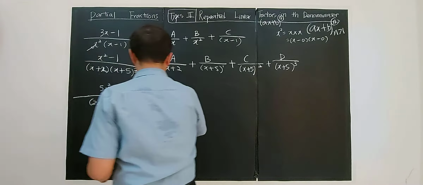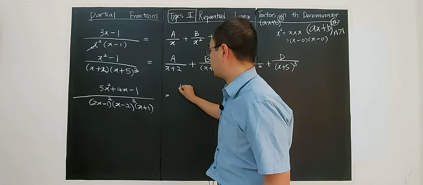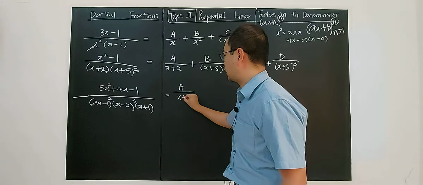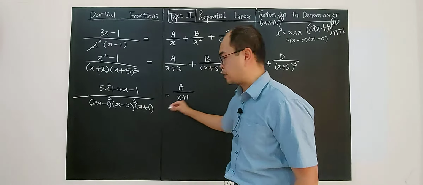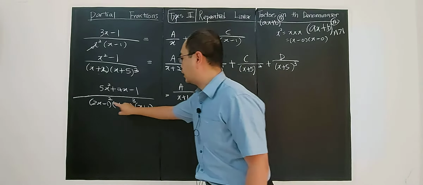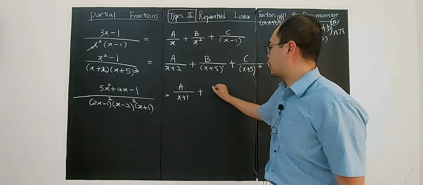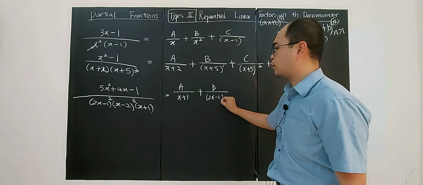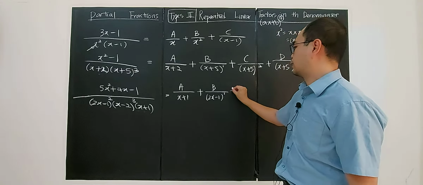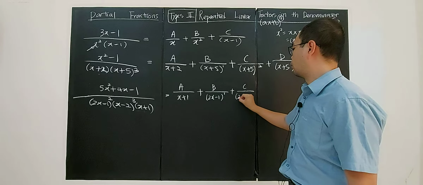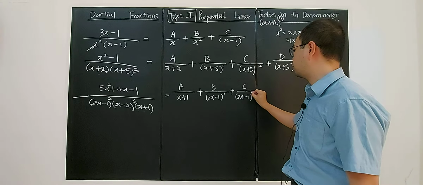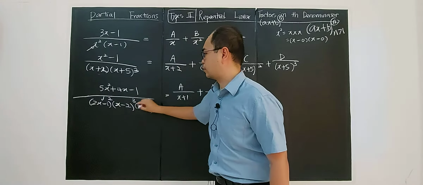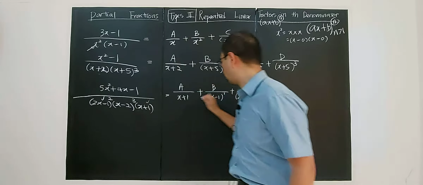So how to rewrite this? Be careful. You have to write A over, for this I will write x plus 1. I will deal with this one first, x plus 1. Then B over 2x minus 1 first, followed by C over (2x minus 1) to the power of 2. Then we stop here. For this one, done, so power of 2, 1 and 2.